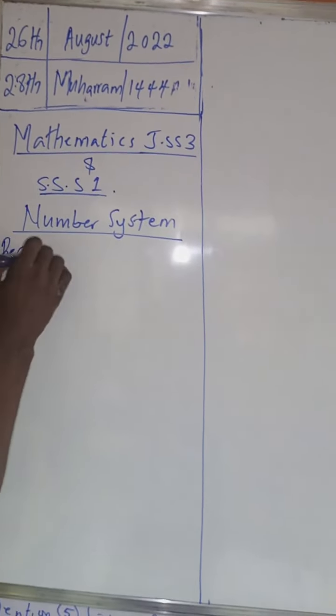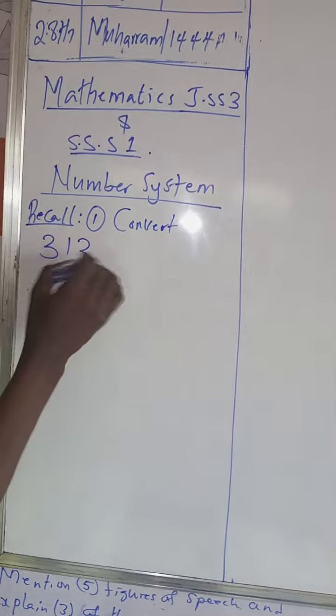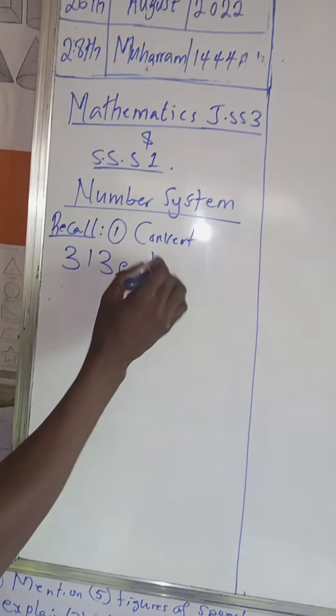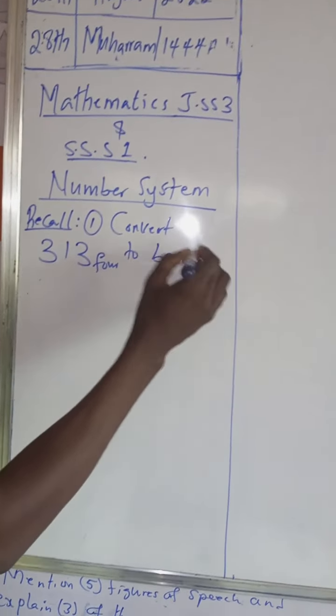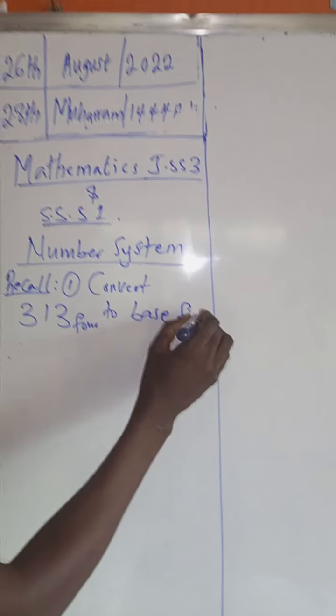We have done in the last class how to convert from base 2 to base 10, other bases to base 10, and we just want to recall how we can convert from two bases. So let's say we are given, convert 313 base 4 to, let's say, base 5.